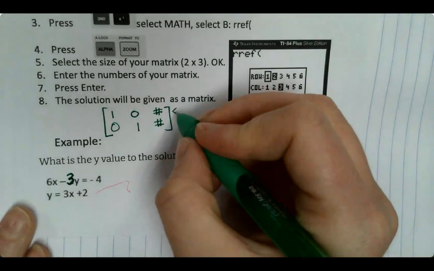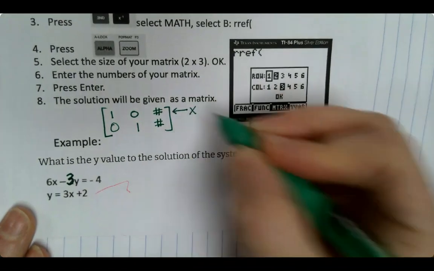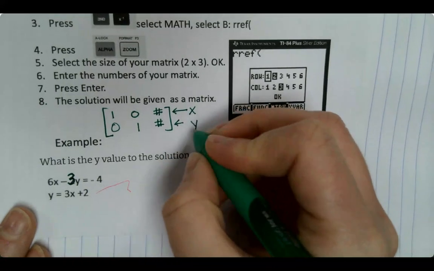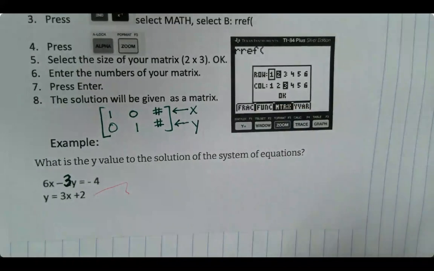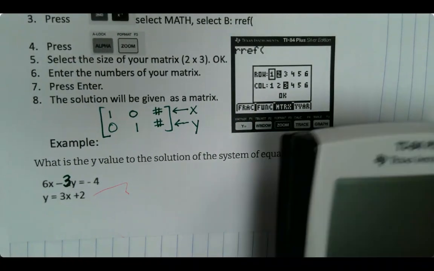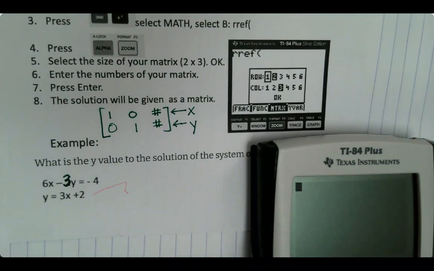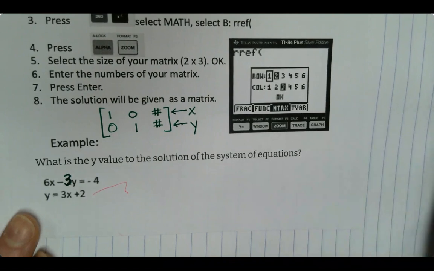So the top number is going to represent X, and the bottom number represents Y. Okay, clear your calculator before we go to our example.